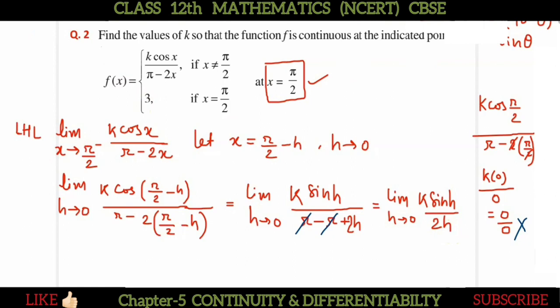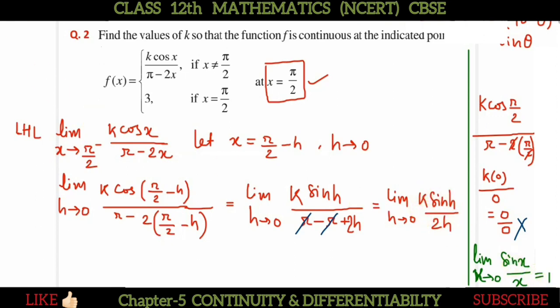Now we still remember the identity. Which identity do we have? In the previous slide we used the limit as x tending 0 of sin x upon x equals 1.